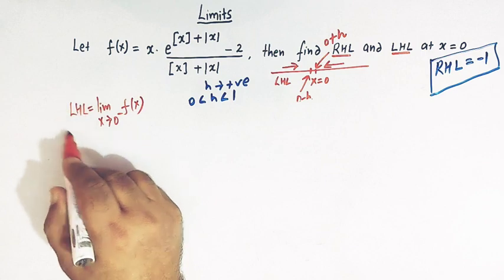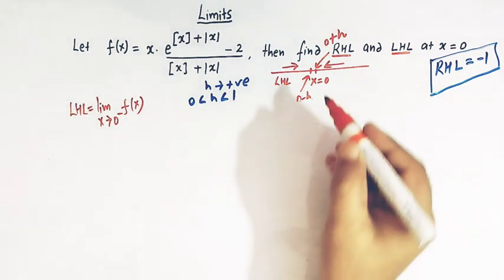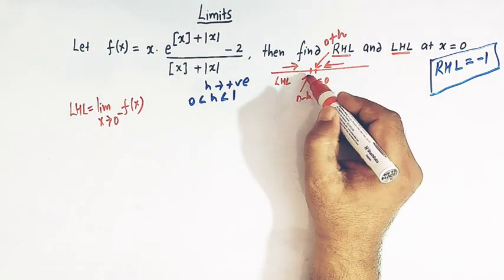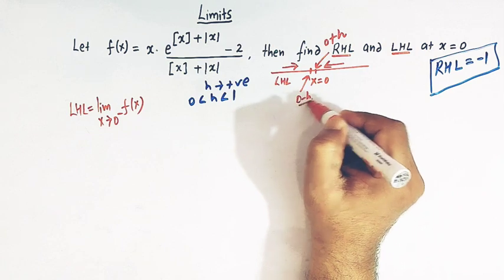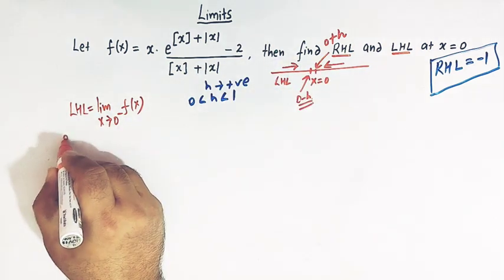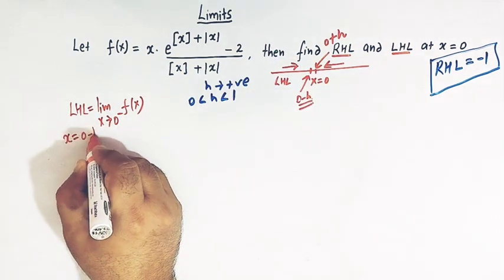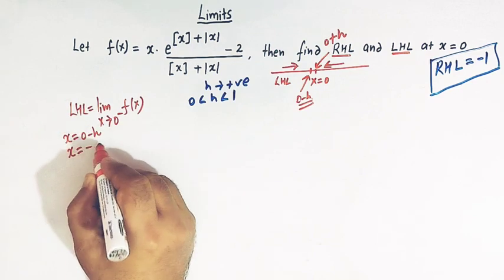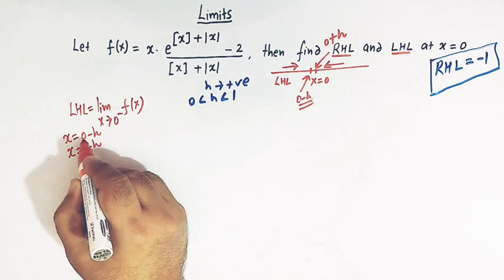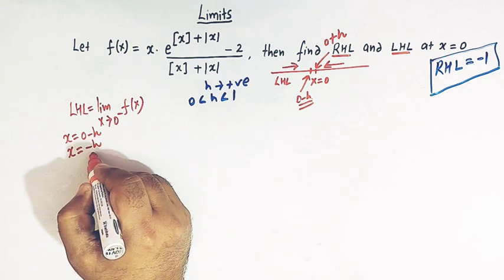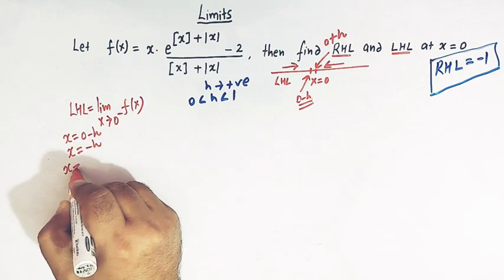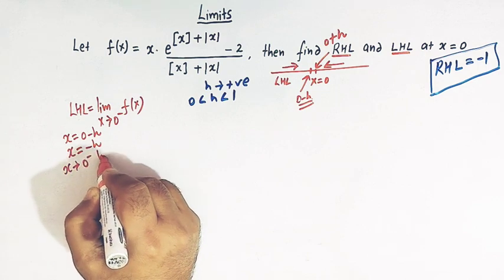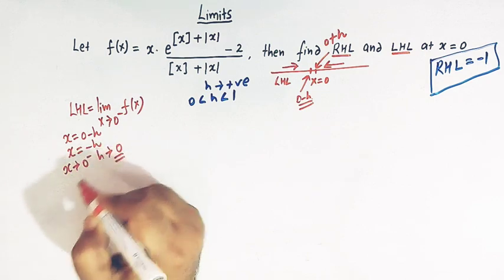So while calculating the left hand limit, we'll take 0 minus h. So x can be taken as 0 minus h, that is x is equal to minus h, because 0 minus h is minus h, right? And when x tends to 0, then obviously h tends to 0, right?